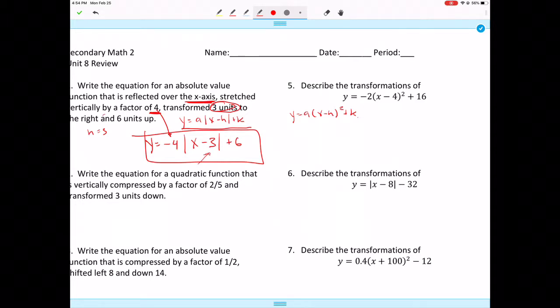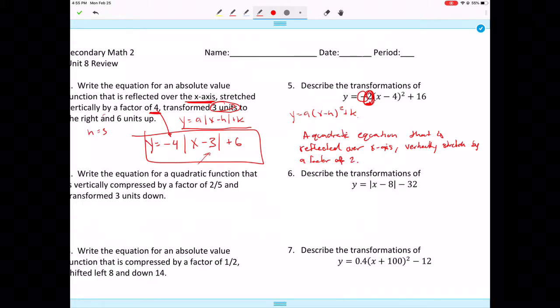Number 5 is the opposite, so we need to write the wording. This one, we would say this is a quadratic equation that is reflected. Because this is negative, we know that it's reflected over the x-axis. And this number, since the absolute value of a is greater than 1, is vertically stretched by a factor of 2.